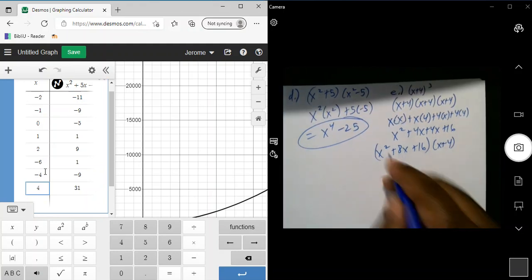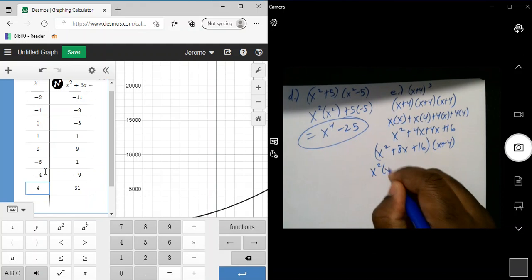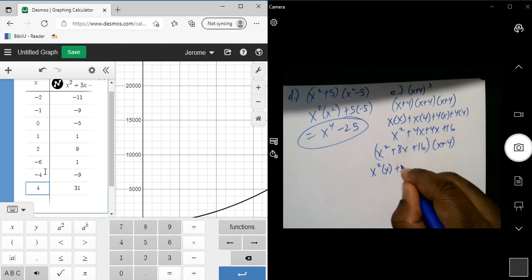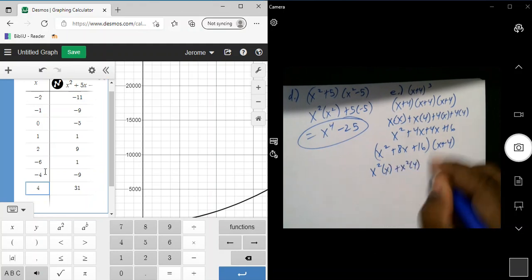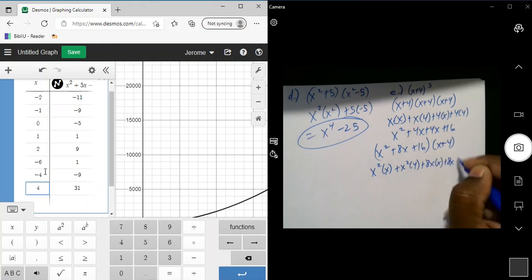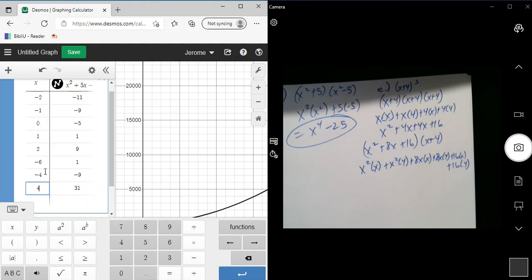So now we can multiply everything out here. x squared times x plus x squared times 4 plus 8x times x plus 8x times 4 plus 16 times x plus 16 times 4. I ran out of space.